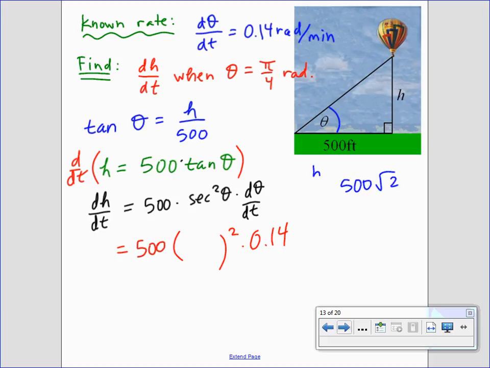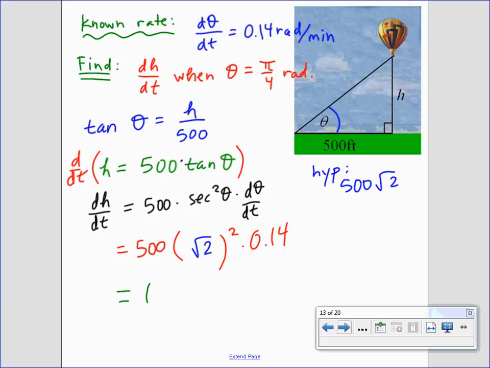At that instant, you guys agree? Hypotenuse over adjacent would be root 2. Those guys getting root 2?